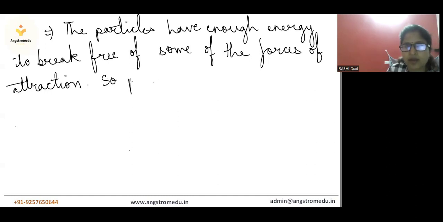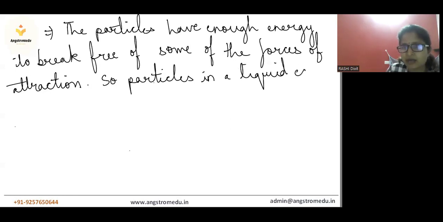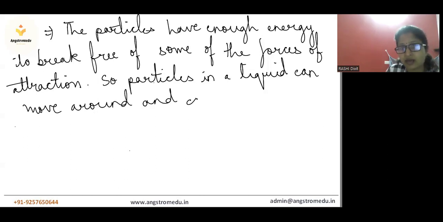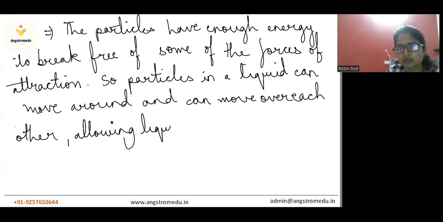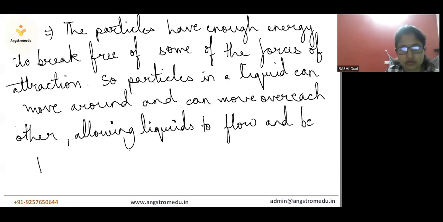And so particles in a liquid can move around and can move over each other, allowing liquids to flow and be poured, right?